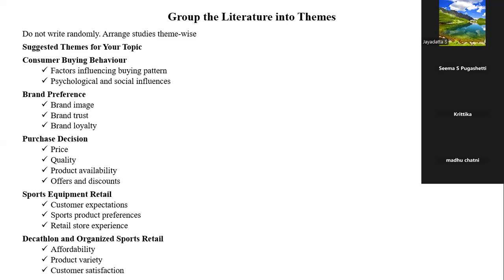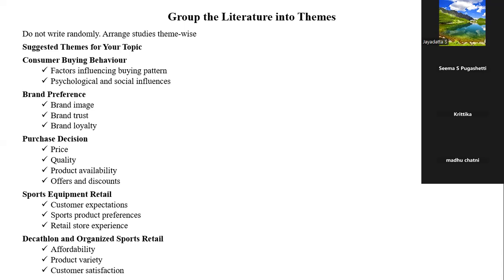Maybe a kid can influence his father or mother to buy a football or sports gear, or skating apparel, or a chessboard, or a cycle, whatever is available at Decathlon. Ultimately, the social and psychological influences that trigger an individual are part of consumer buying behavior. That information needs to be related very wisely, as part and parcel of organizing your review of literature into themes.